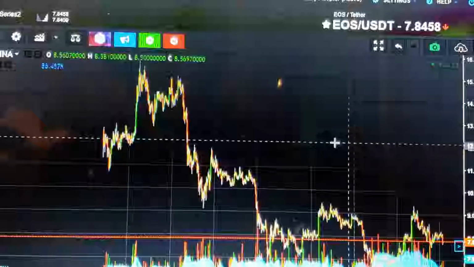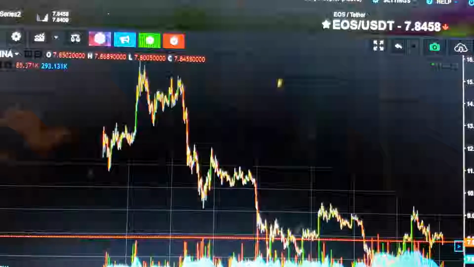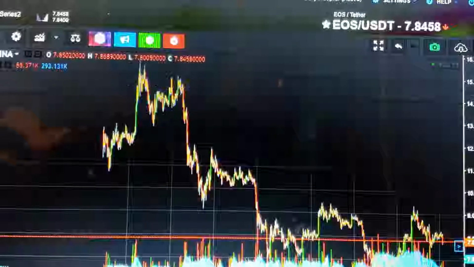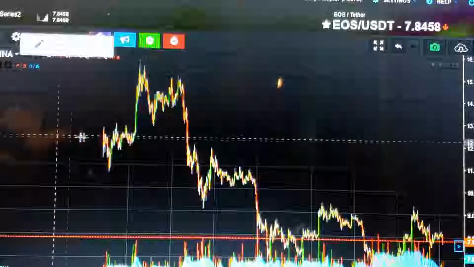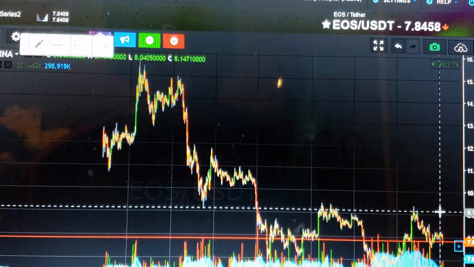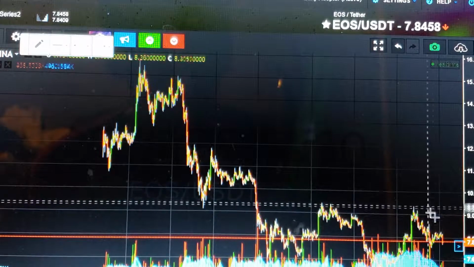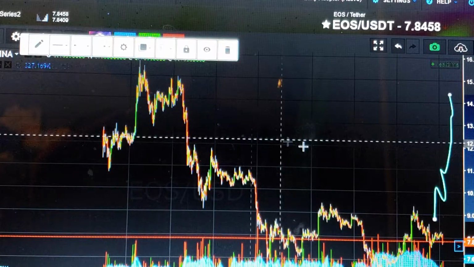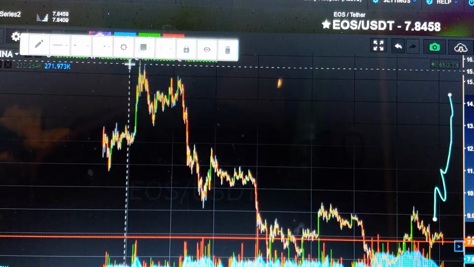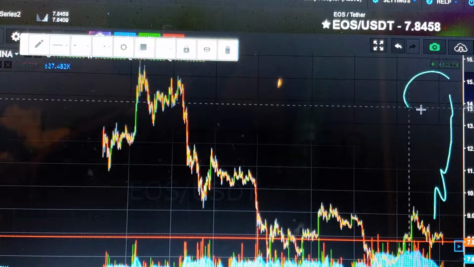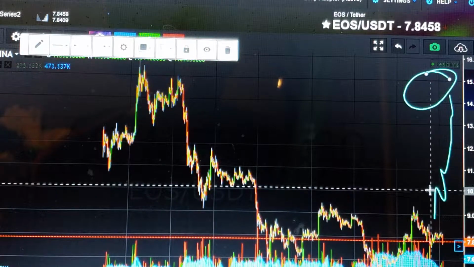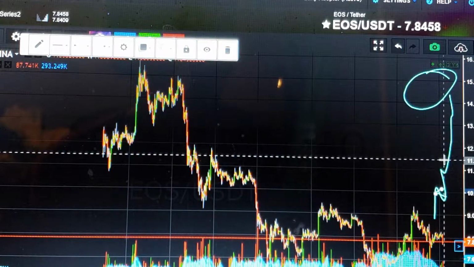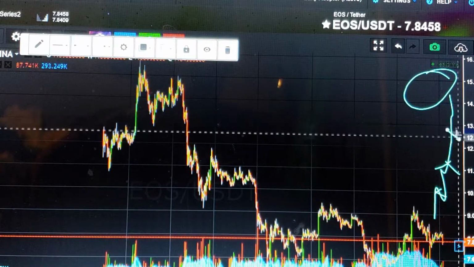Your actual money is sitting back in USDT. And then, as this thing takes off and goes back up toward this $25 mark, you have all your free coin that you can start selling off, all the way up.